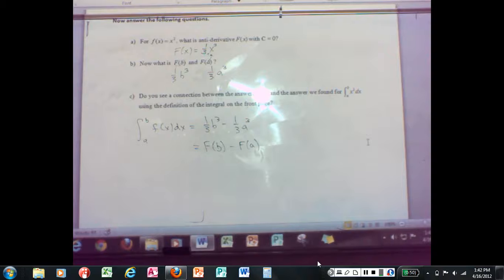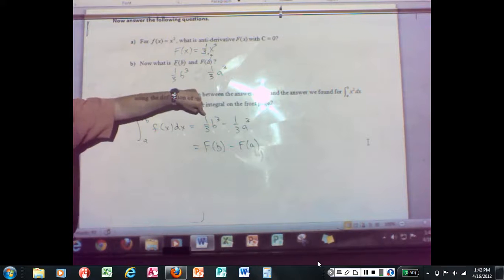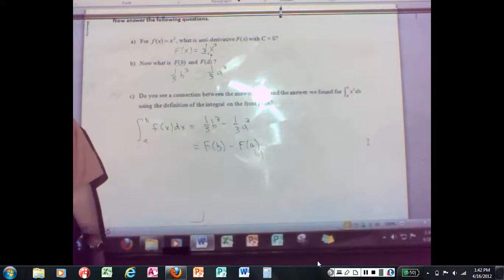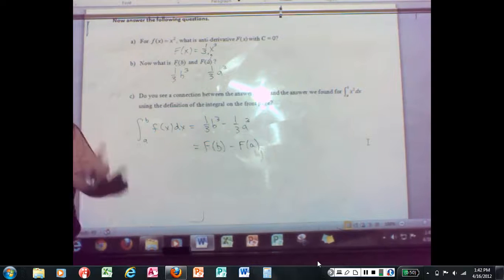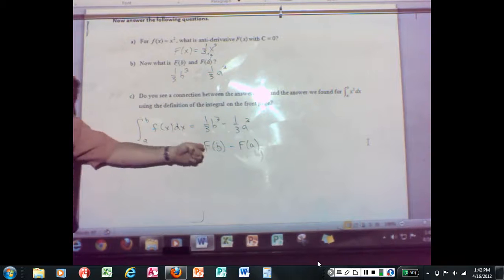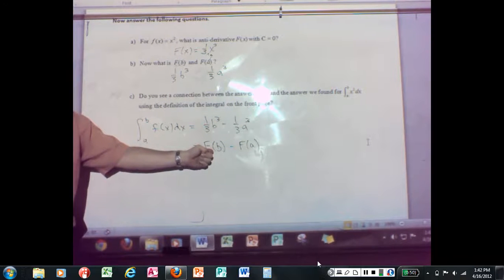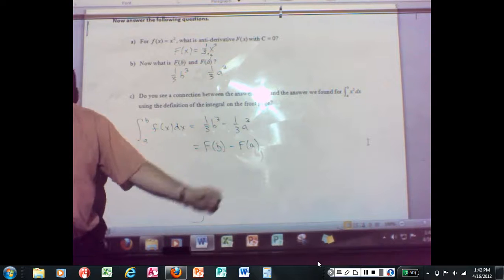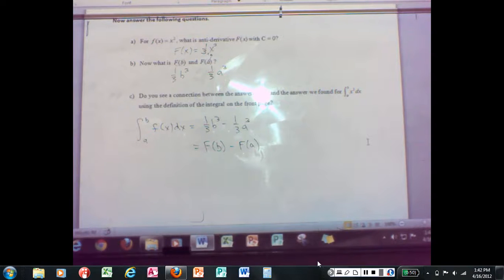Isn't that what we got for our integral? Yep, that's what we got. That's the connection. Turns out, the integral from a to b of f of x dx is the antiderivative of f evaluated at b minus the antiderivative evaluated at a. That's what the definite integral from a to b is.